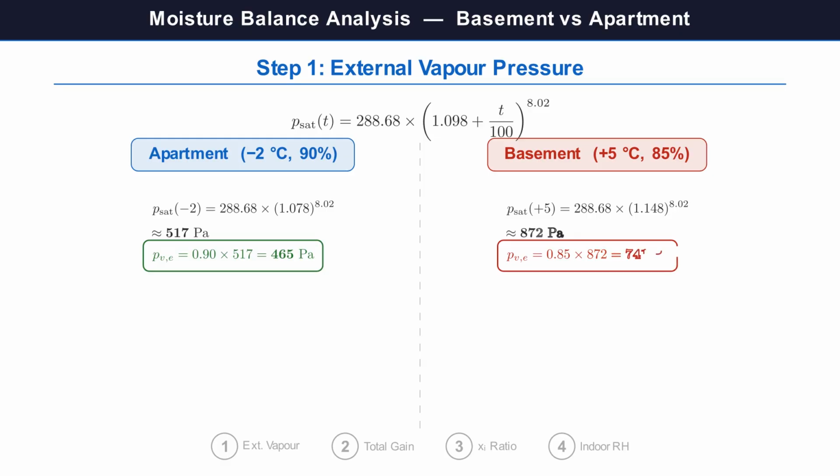This means the ventilation air entering the basement is already carrying significantly more moisture. The external vapor pressures are now established. Apartment, 465 pascals. Basement, 741 pascals. We proceed to step 2.